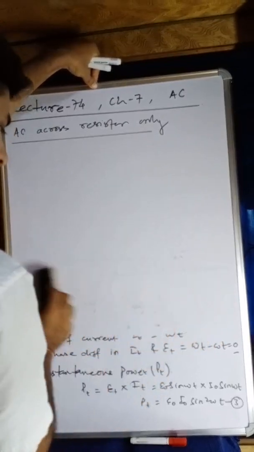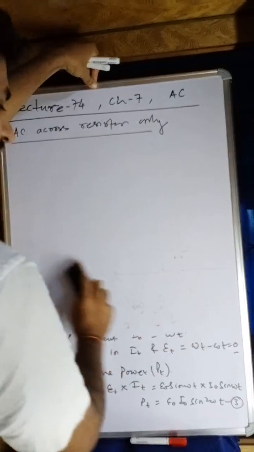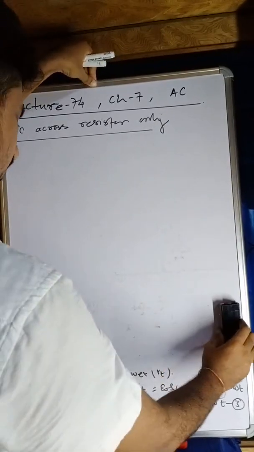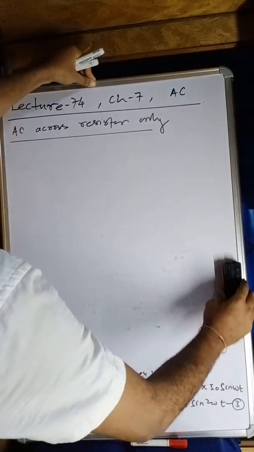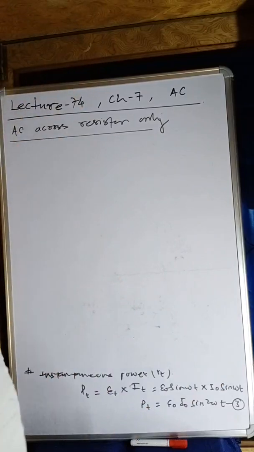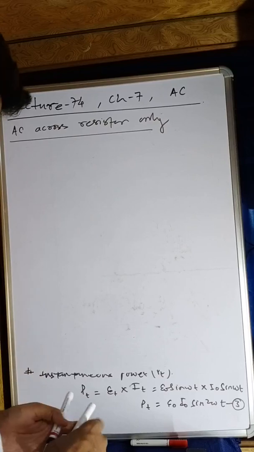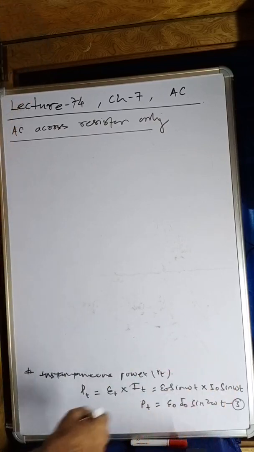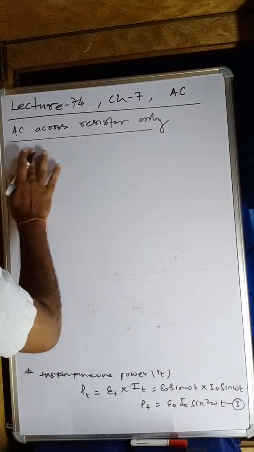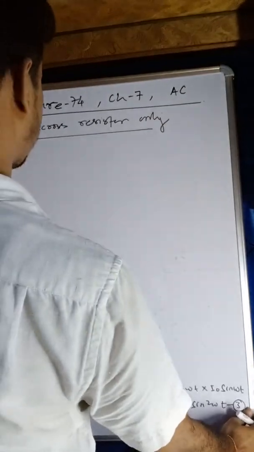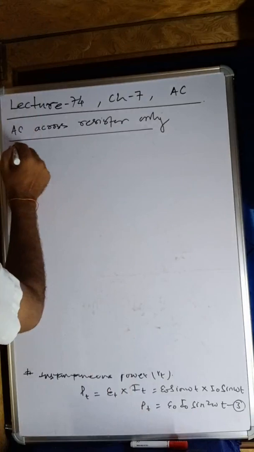We know that to find the average power, we have to integrate the instantaneous power with the specific limit. We have to integrate this equation. You can give the heading, my dear students, as average power.